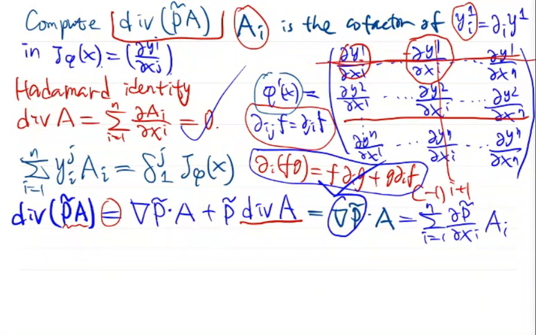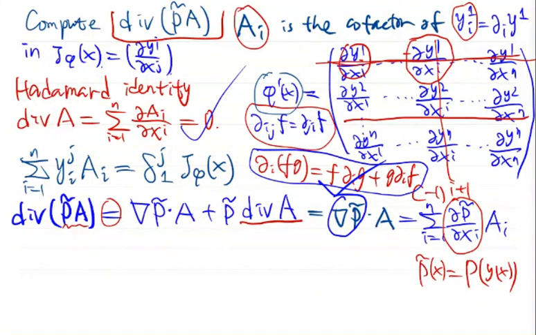So now we want to compute this partial derivative. We can apply the chain rule. P tilde is the composition of P and phi, that is, P tilde of x is P of phi of x.